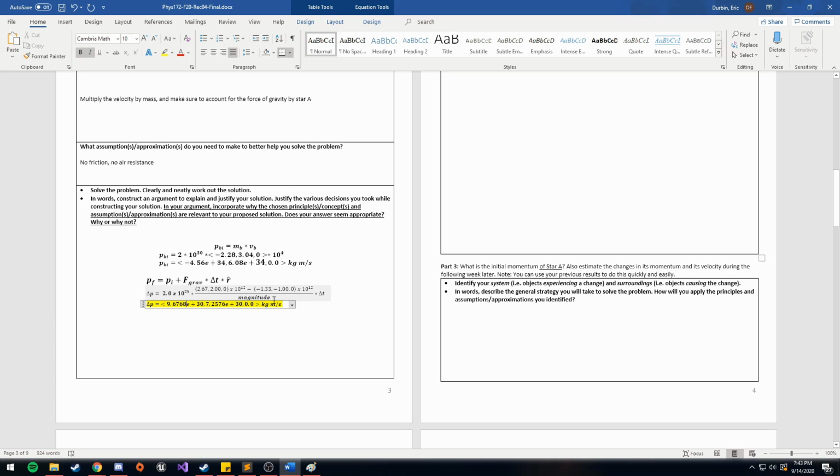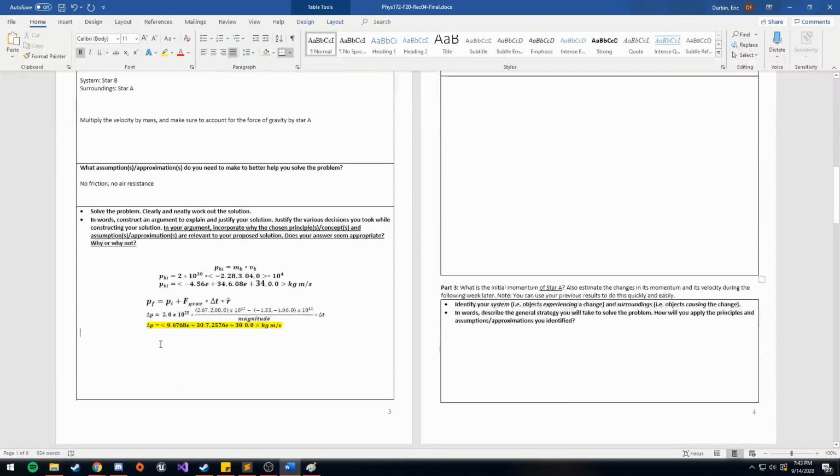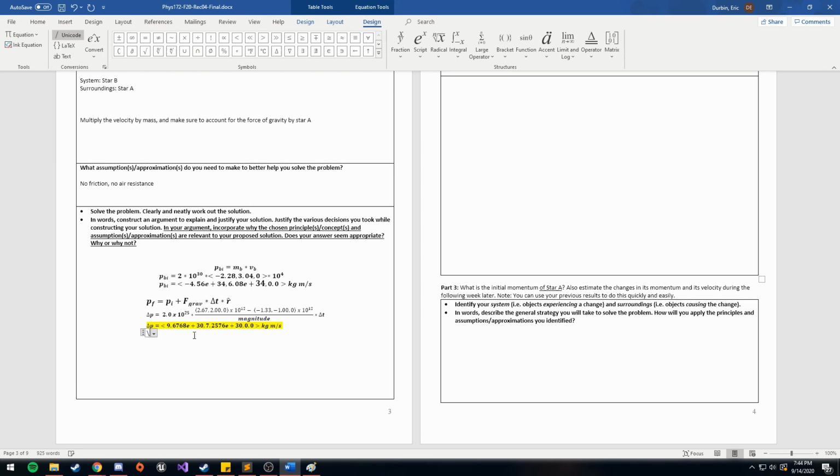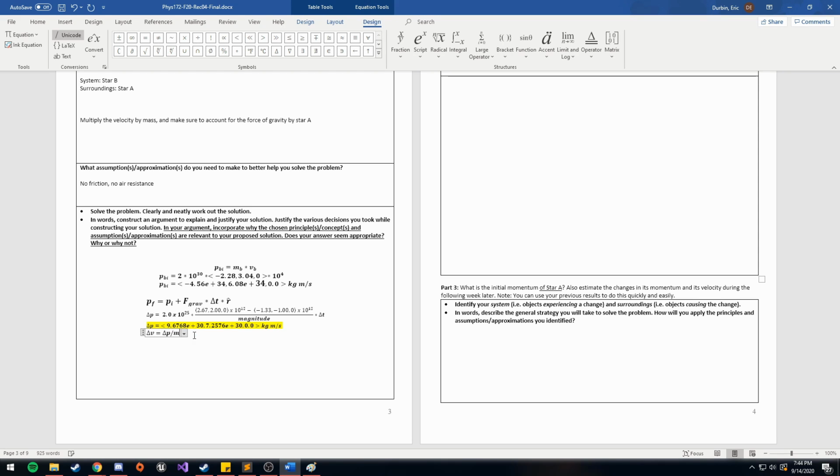Alright, 9.67 times 10 to the 30th. Alright, cool. That's the change in momentum, and then change in velocity is that divided by mass. So what did you guys get again? 9.67 times 10 to the 30th is 1.25 times 10 to the 30th.